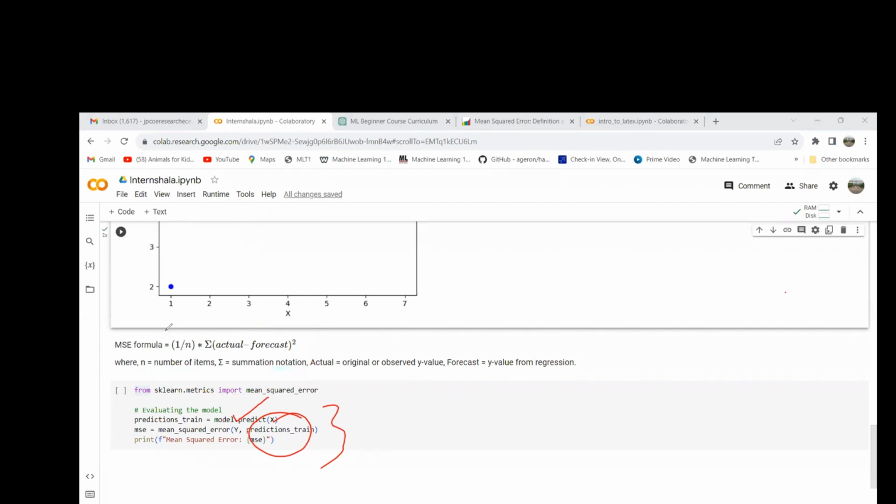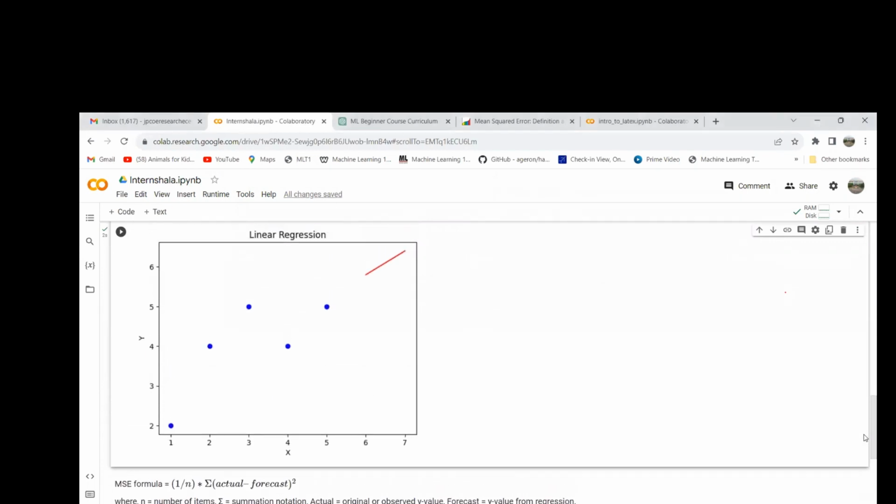So if we can imagine the actual value to be the coordinates, it will not fall exactly as the forecasted value. As you can see, there will be an error.